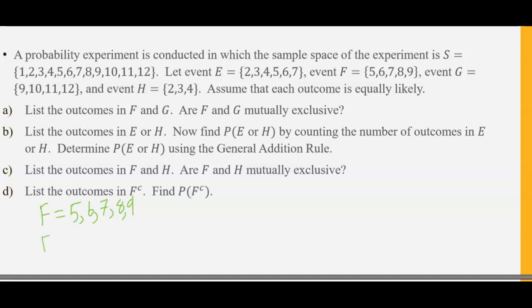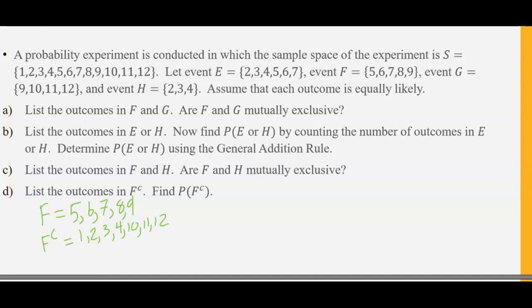F complement is everything that's not inside F, but is inside our sample space. So everything else would be 1, 2, 3, 4. We don't count F, so we're going to skip 5 through 9, and then we're going to go 10, 11, 12. So that's F complement. Those are all the outcomes in F complement, everything that's not in F.